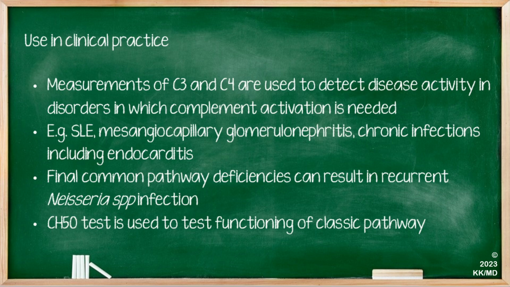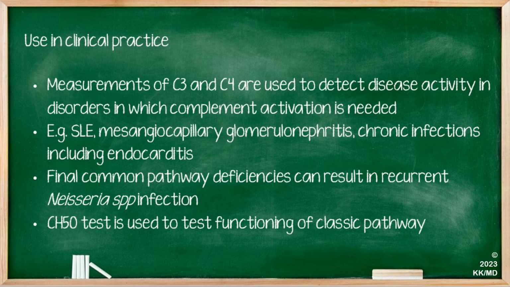Now, let's have a think about the use of the complement pathway in clinical practice, which is probably the most important slide here, and it's also important for your day-to-day clinical work. Frequently, the measurement of C3 and C4 is used to detect disease activity in disorders in which complement activation is involved. The classic example of this is systemic lupus erythematosus.